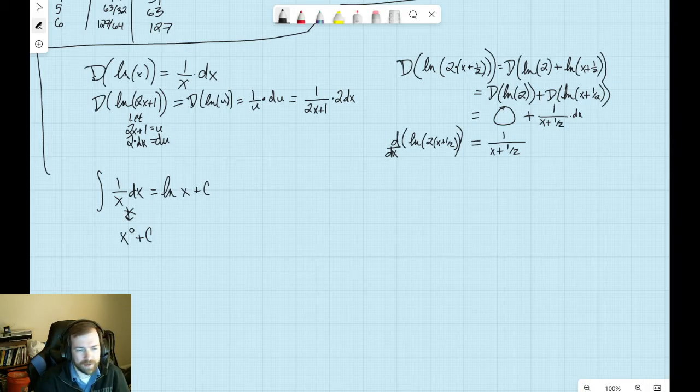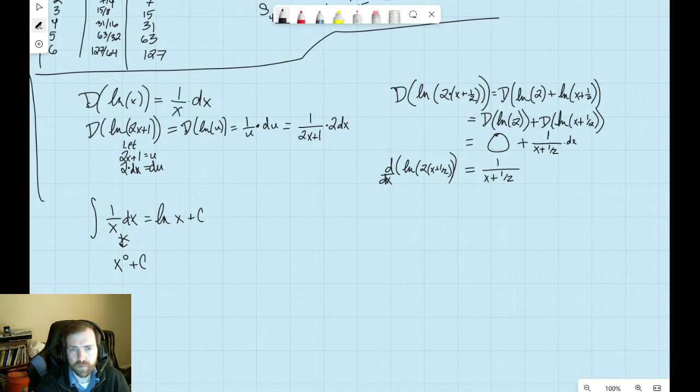Well, not quite. So you do the u substitution thing again. Where if we did 1 over 2x plus 1 dx, then we would look at this and say, okay, we're doing a u substitution again. So this is going to be 1 over u, but then we have to figure out what the relationship between dx and du is.